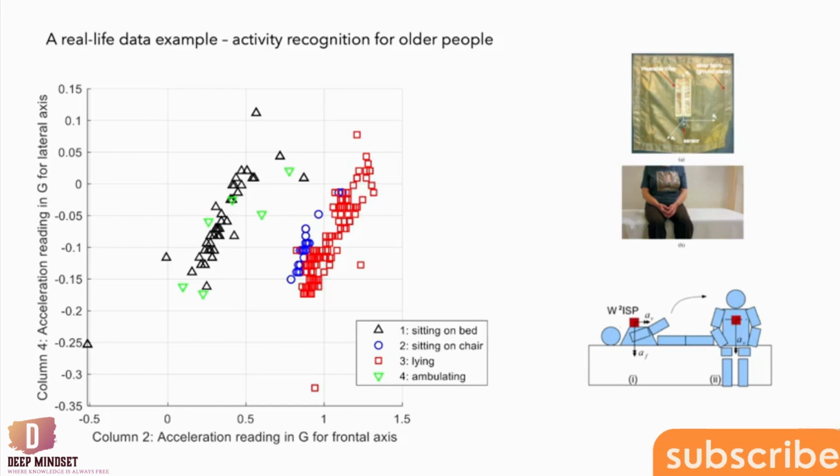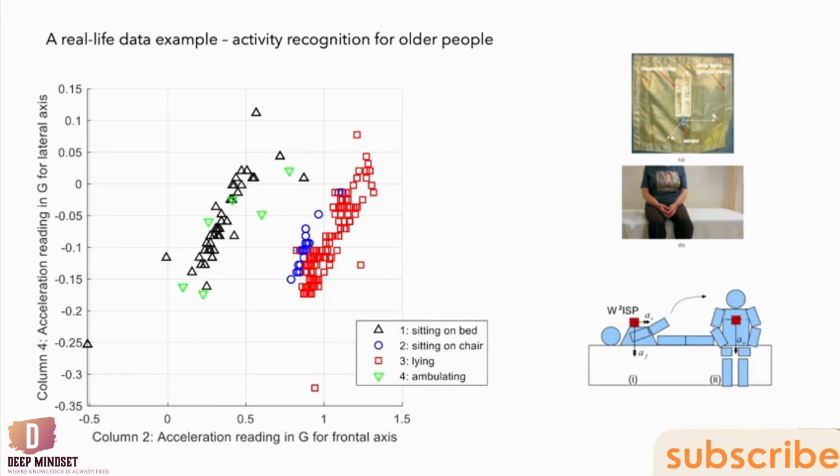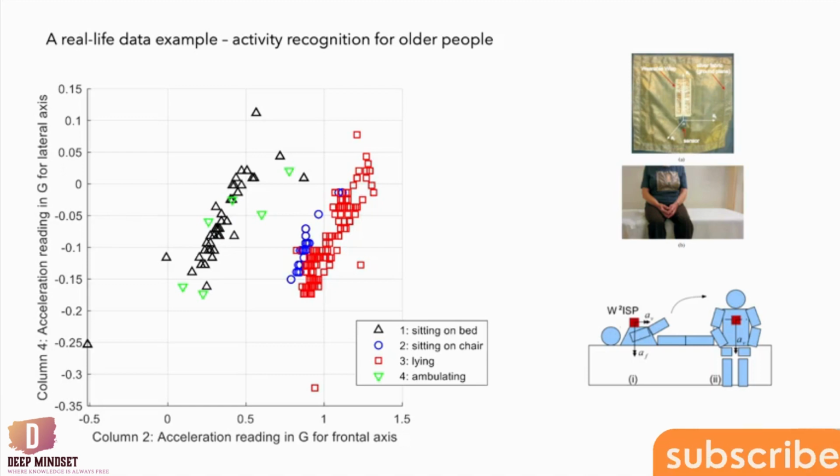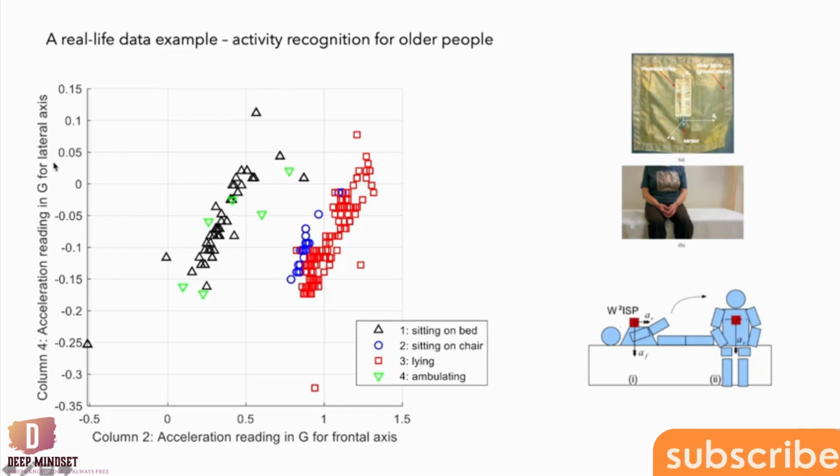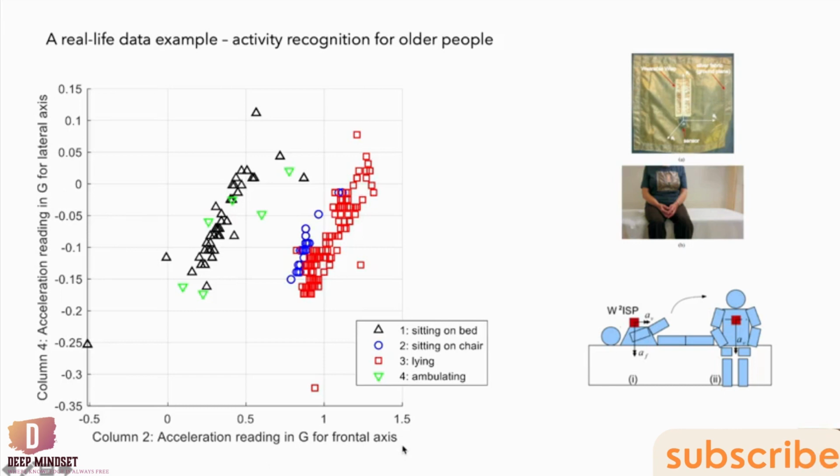So basically, if you move this way or this way. So 4 different positions: sitting on a bed, sitting on a chair, lying, and ambulating. And we got 2 features, acceleration in the lateral axis, acceleration for the frontal axis.